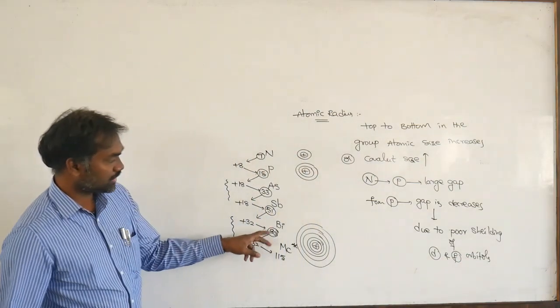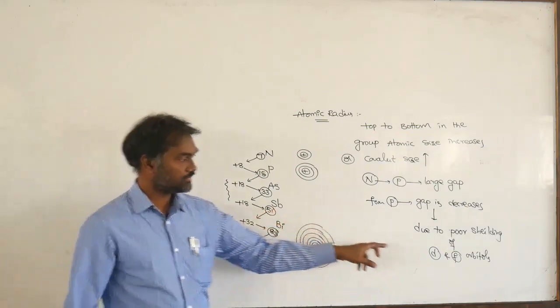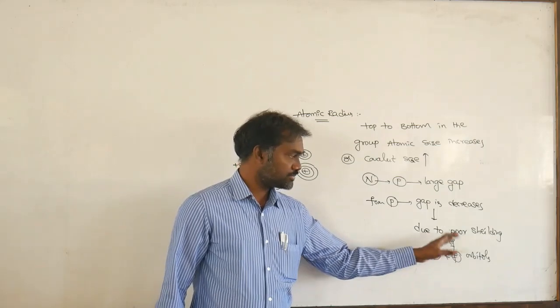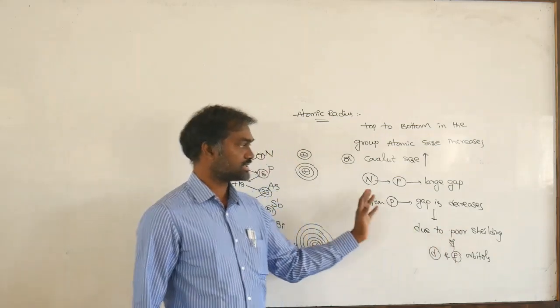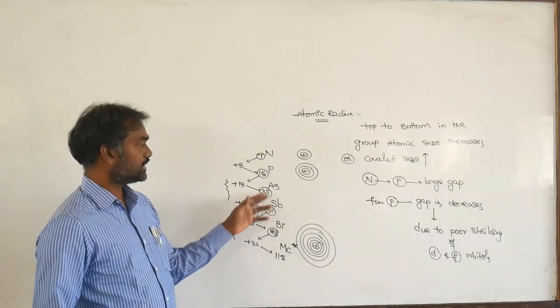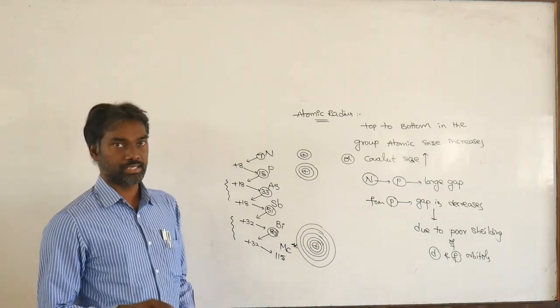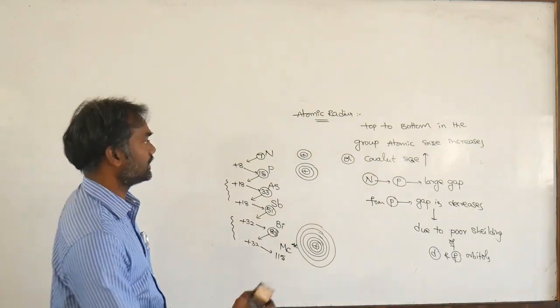If you come to antimony and bismuth, they are very close, because compared to d, f has poor shielding. So the size does not increase much, and the gap continuously decreases, but the total value continuously increases. You remember that point.